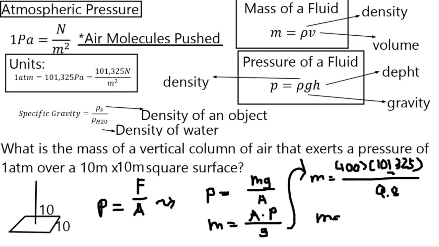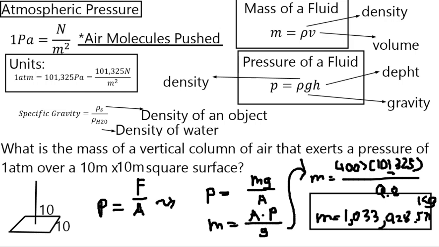The mass of this vertical column is way big, around a million. It's 1,033,000. Okay, I'm not going to read that, it's too much. So this is the mass of the object, around a million kilograms.